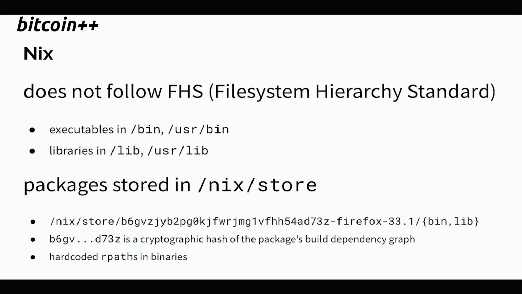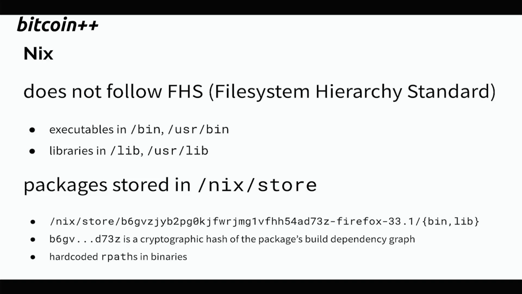It rather puts packages in /nix/store, and to be more exact, you can see the path here on the bottom, which says /nix/store/b6gv blah blah blah-firefox-33.1/bin or /lib. And this identifier is a cryptographic hash of the package build's dependency graph.